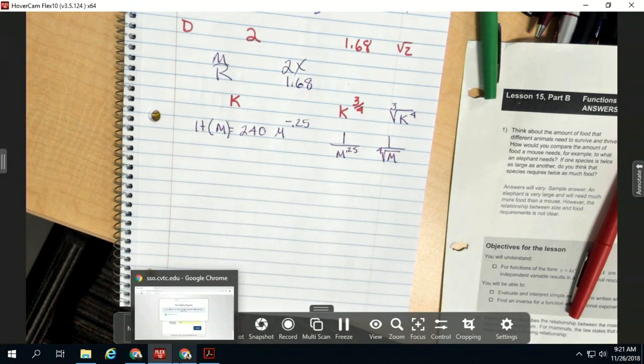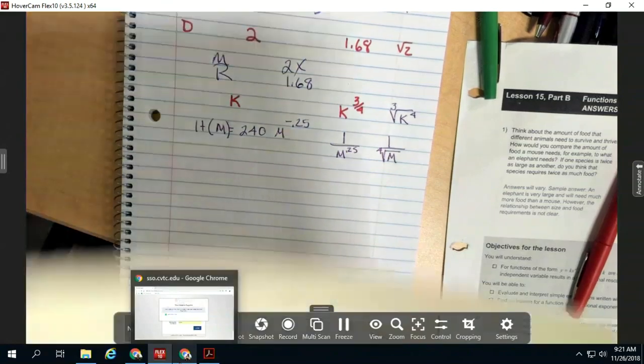Do you see why it's the fourth root of m? Because remember, the index is the denominator, 4. The power here, 1, is the numerator. 1/4 is 0.25. Okay, so then it says, use Kleiber's law.